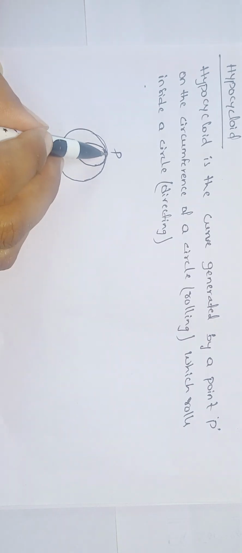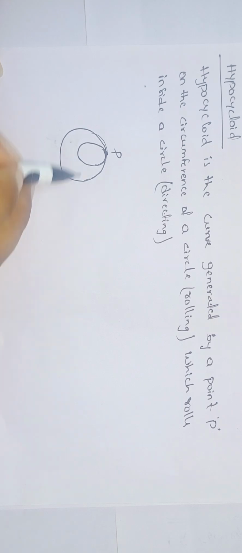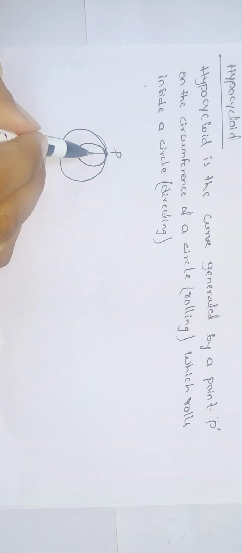The point P on the circle rolls for one revolution without slipping, inside the circle. That is called a hypocycloid.